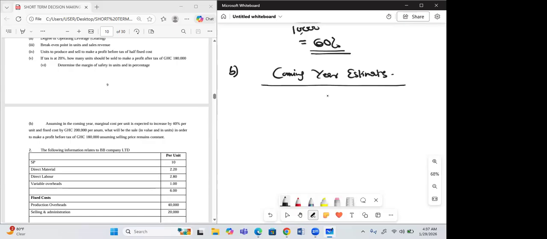It means that the new variable cost per unit should increase by 40%, that means 140% of the old variable cost. What is the old variable cost per unit?